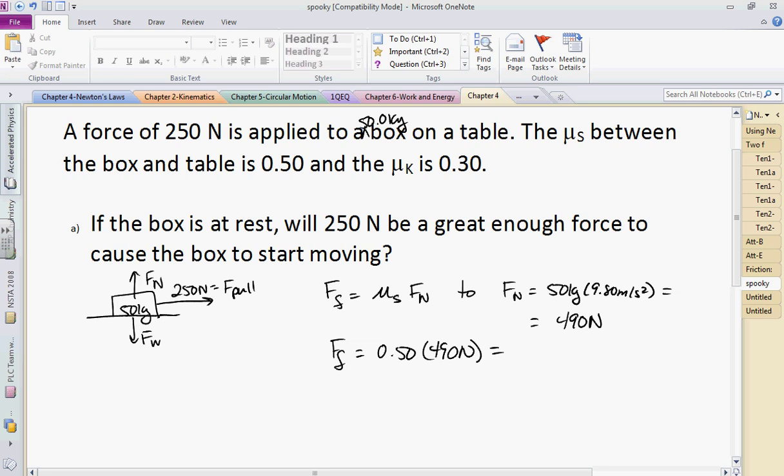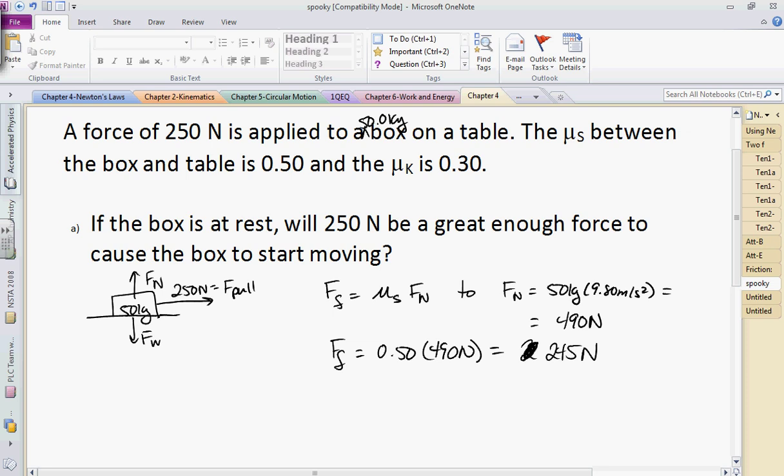So using that, we take half of 490, and we get 245 newtons.